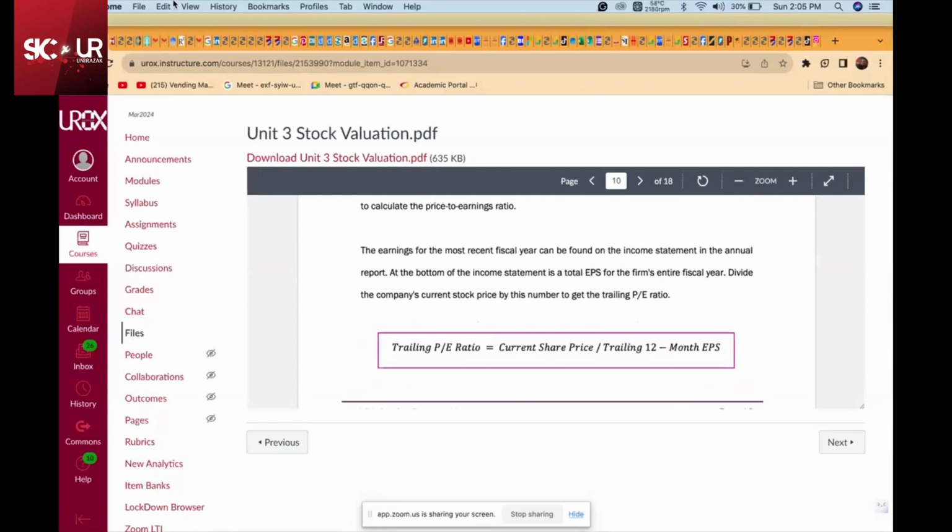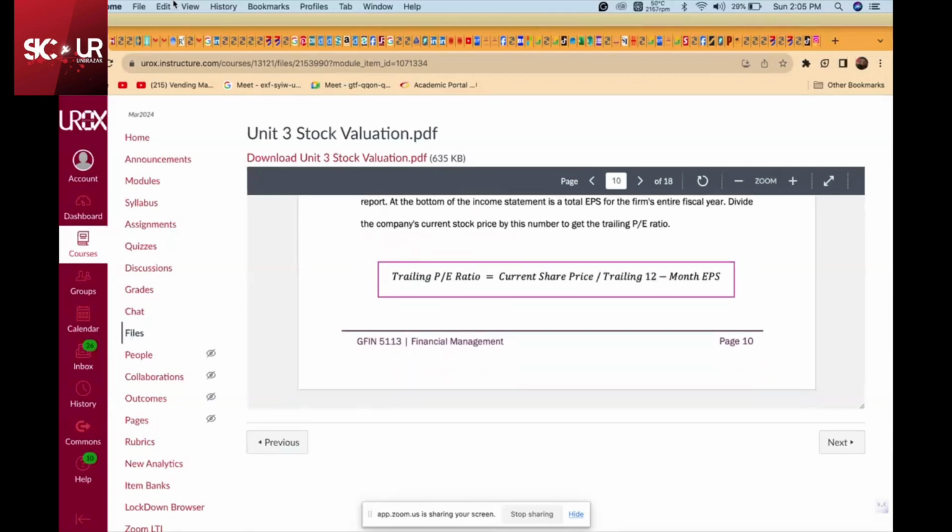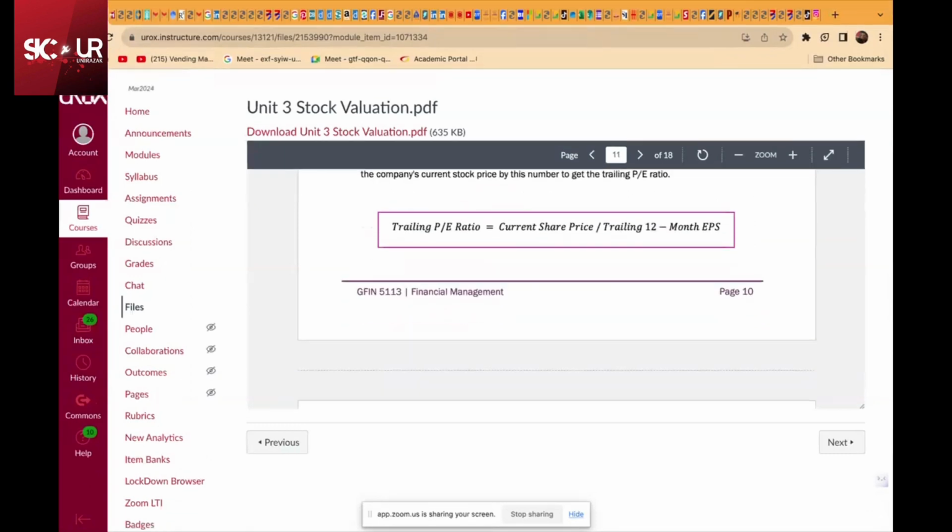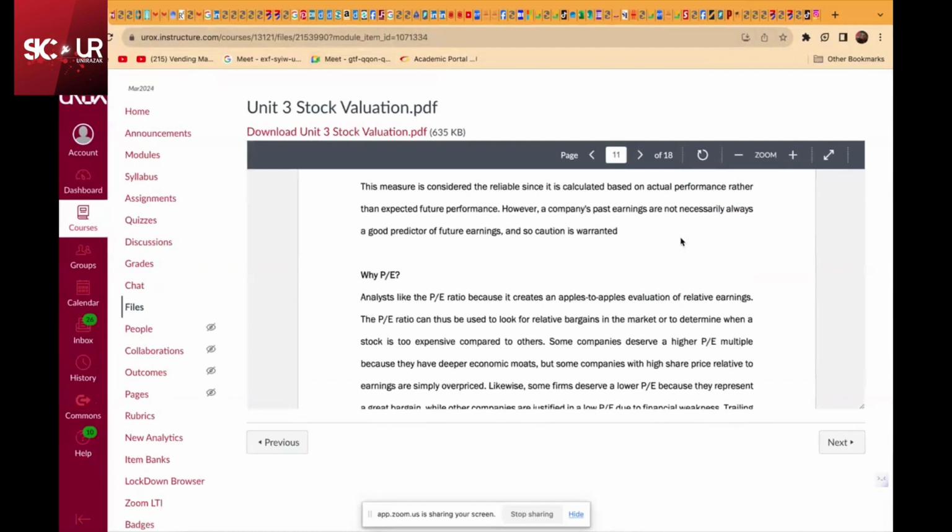So earning for the most recent fiscal year can be found on the income statement in the annual report. At the bottom of the income statement is the total earning per share, as we saw just now. So trailing price earning ratio is current price divided by trailing 12-month earning per share.